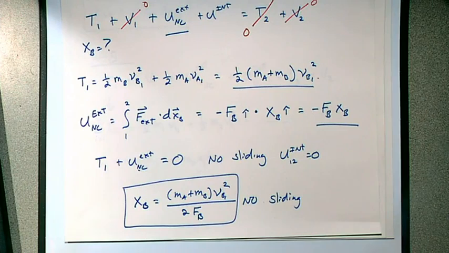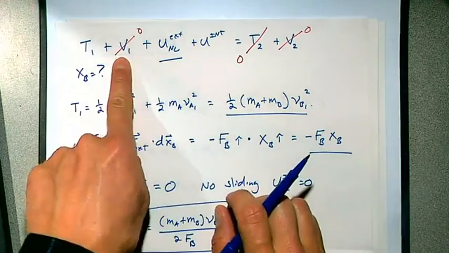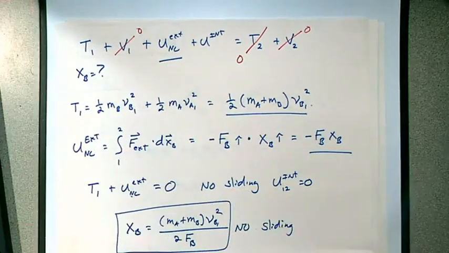Now we can jump back. T1 plus V1, which we said was 0, plus external non-conservative work, plus internal non-conservative work is equal to 0.